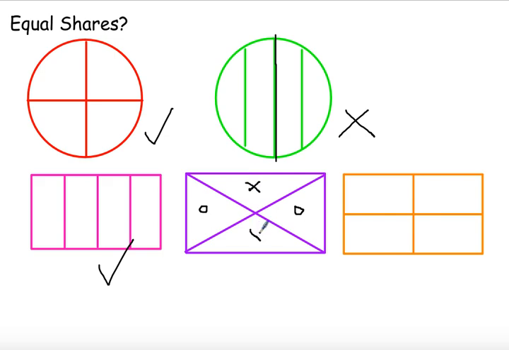However, not all 4 parts are equal. So I cannot use my word to talk about 1/4 or quarter. However, I could use half because one diagonal line makes the rectangle into 2 equal halves. This rectangle is divided into 4 equal shares, so I can use the word quarter or half to talk about the rectangle.